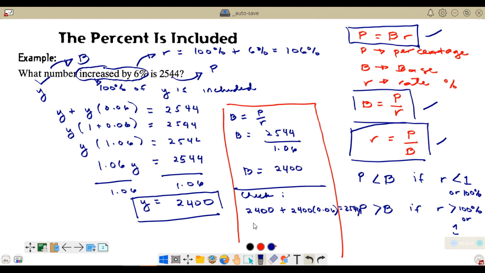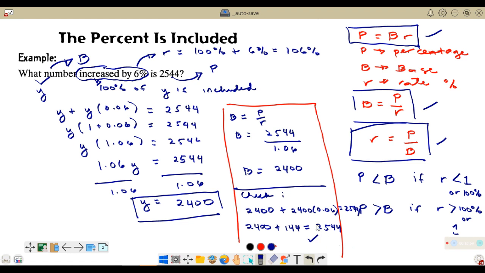If you are going to get the 6% of 2,400, kuha tayong calcu, 2,400 times 0.06, 144. We have 2,400 plus 144 is equal to 2,544, which is true. The left-hand side and the right-hand side are both equal.